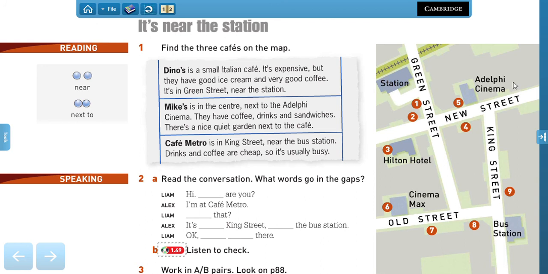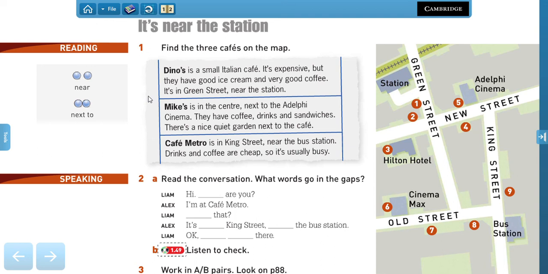With station here, the cinema, a hotel, another cinema, right? And the bus station. And we have the names of the streets. Green Street, New Street, King Street, Old Street. What's the name of your street? Think about that. Now, try to find 3 different cafes on the map.